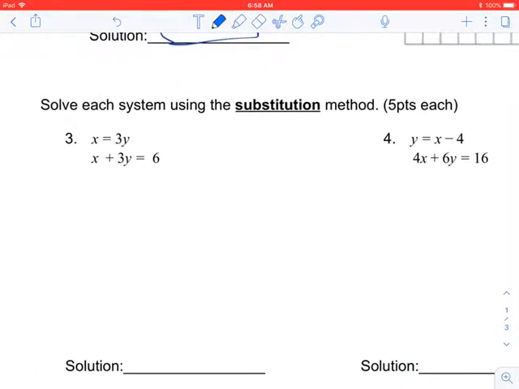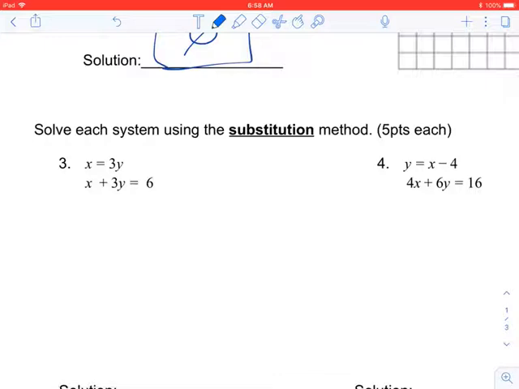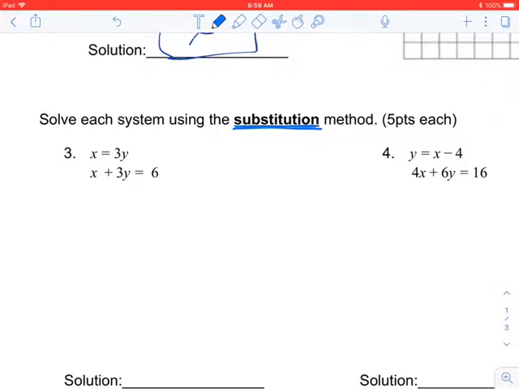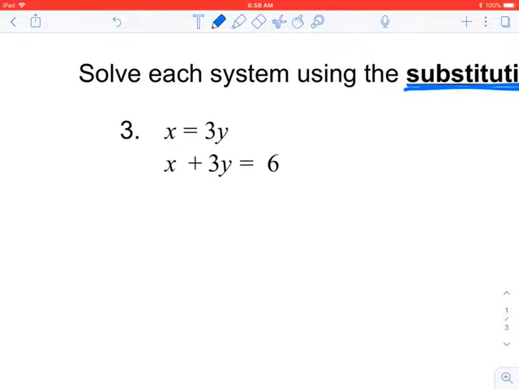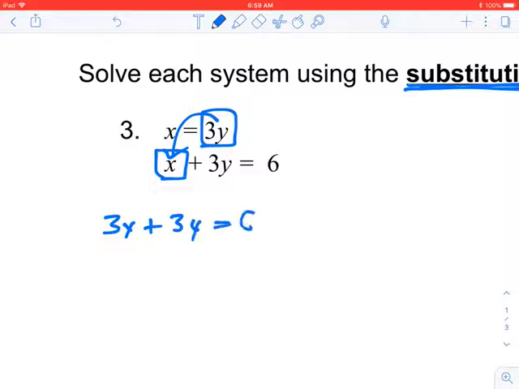Substitution is where we want to take something that's by itself. If it's equal to something, you can plug it into the other equation. So for number 3, you can see x is by itself. So if x equals 3y, I can replace x with 3y. So I'm going to plug that into the other equation. So instead of x plus 3y, it's 3y plus 3y equals 6.